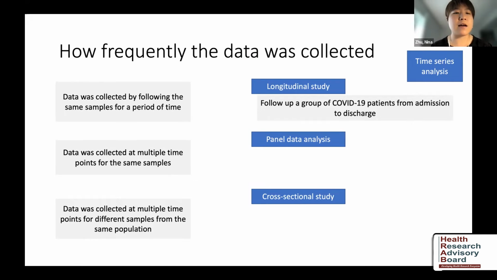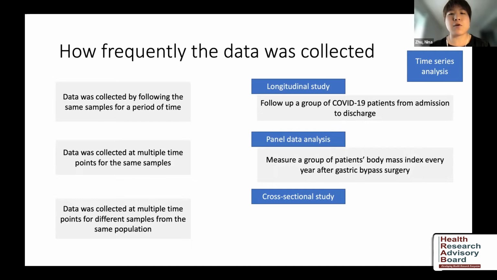Keep in mind that these are the same samples, just being snapshot at different times, okay? So we can measure a group of patients' body mass index every year after they have their gastric bypass surgery. They are the same group of patients, we just assess them every single year.